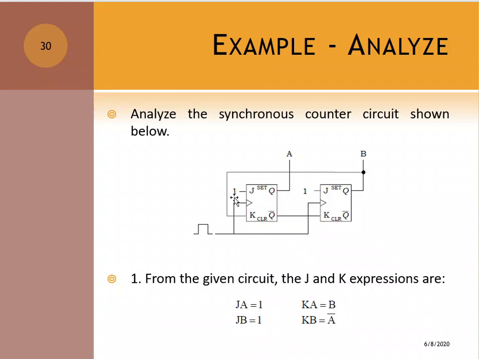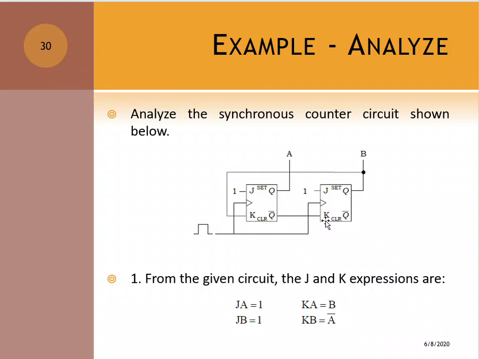For JA equal to 1, JB also equal to 1. For KA, try to trace the wire. The wire comes from B, goes into KA. So KA equal to B.